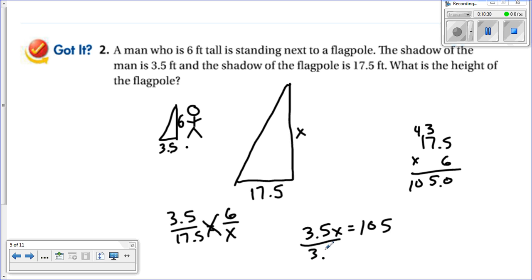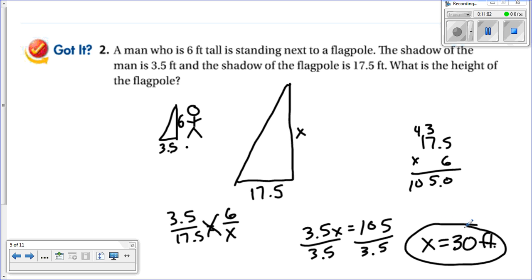And divide by 3.5. And we should get x equals 30. All right.